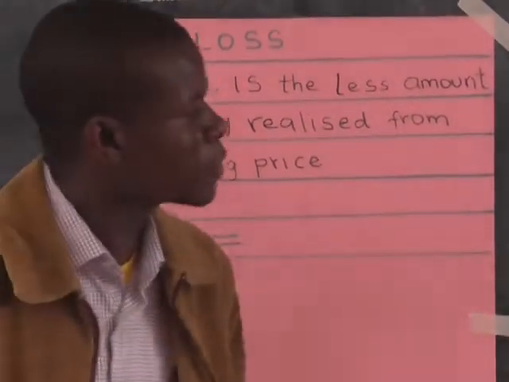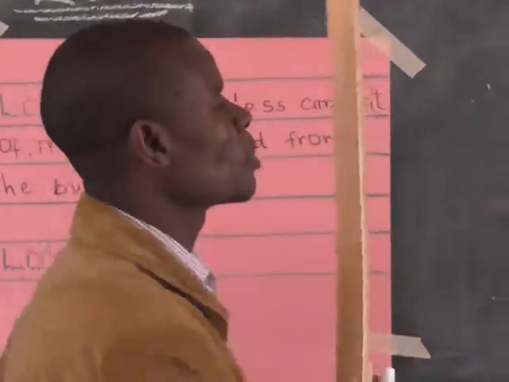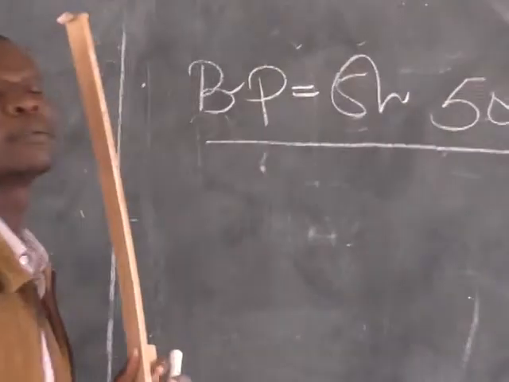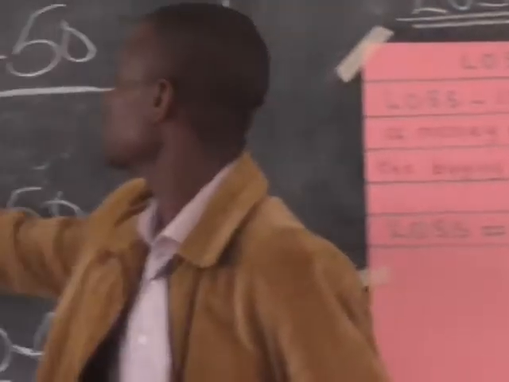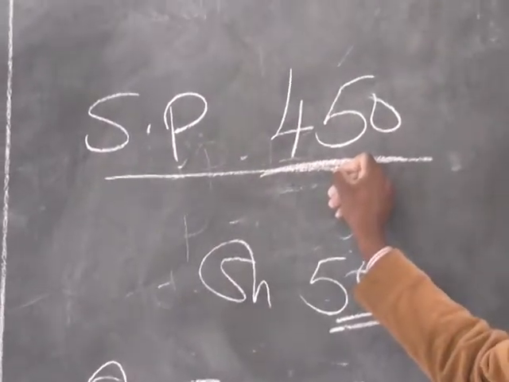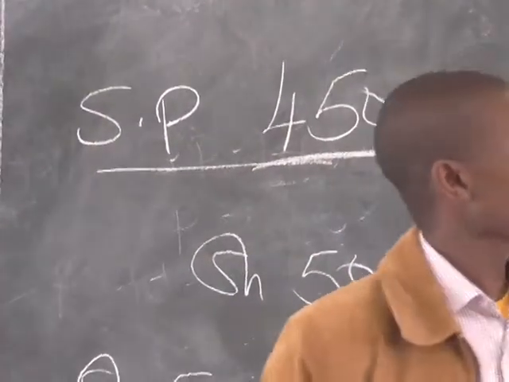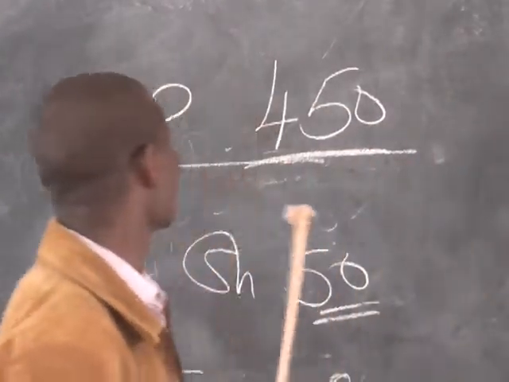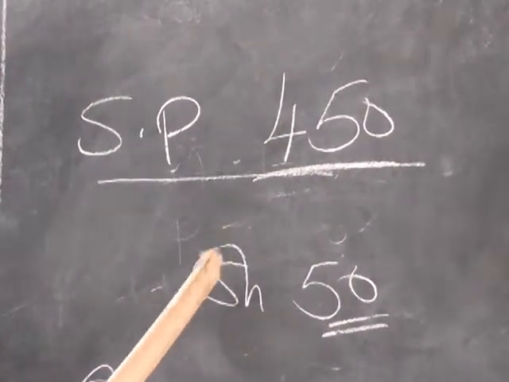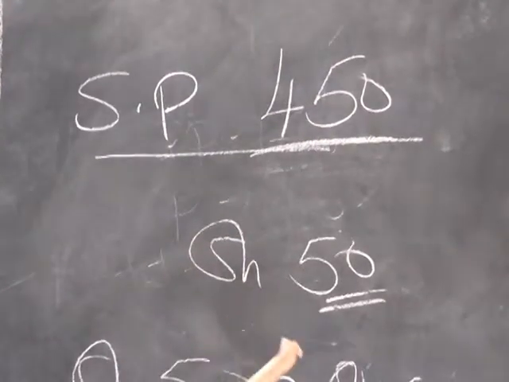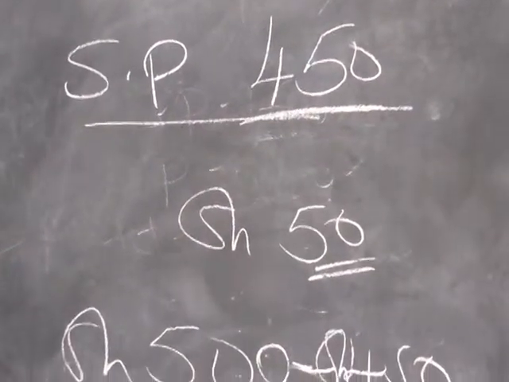If you look at the price at which the book was bought, the book was bought at 500 shillings. Then the same book was later sold at 450 shillings. So when I compare the buying price and the selling price, I realize that this trader realized a loss of 50 shillings.